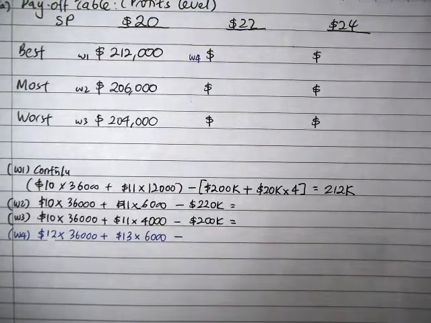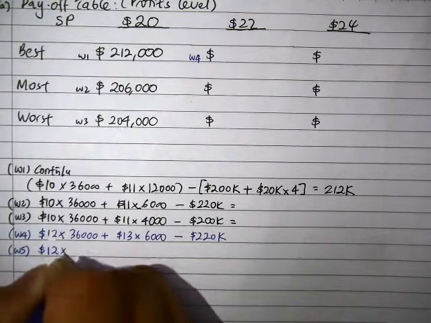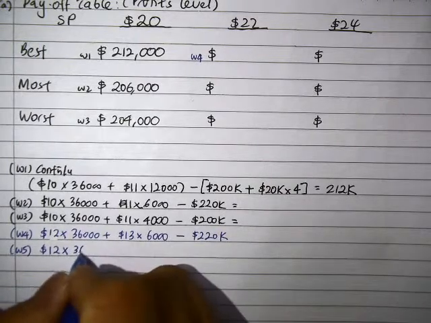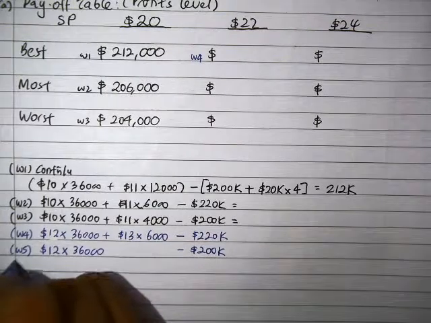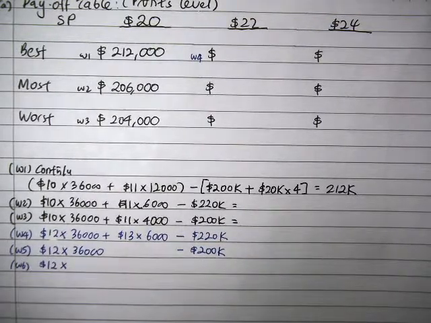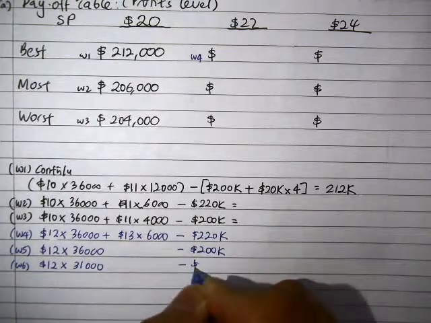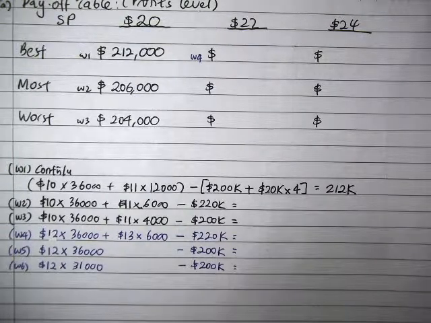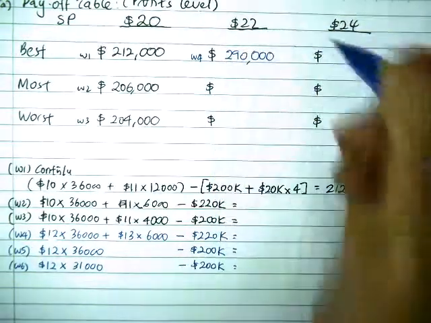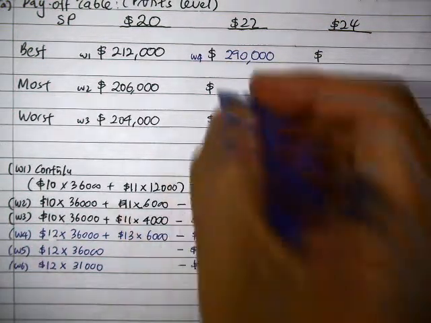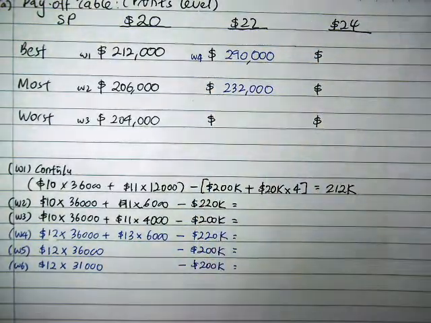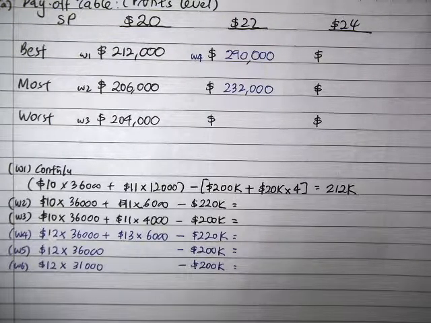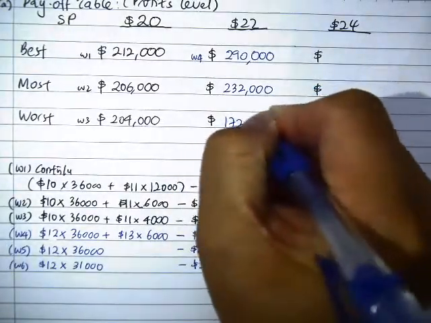And again, if you have 42,000, the fixed cost will become 220. $12 times 36 minus 200. $12 times 31. 232. 172.